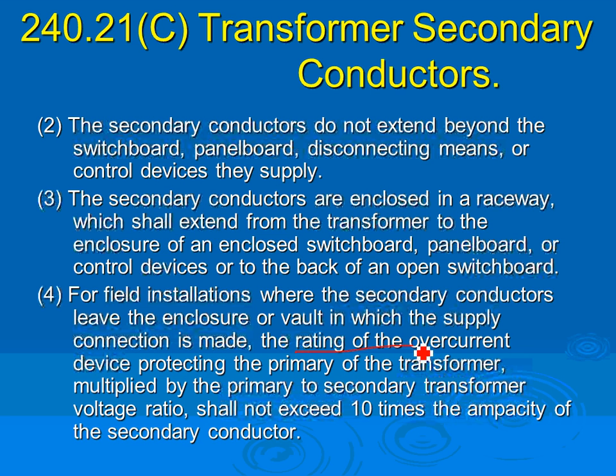The rating of the overcurrent device protecting the primary of the transformer multiplied by the primary to secondary voltage ratio shall not exceed 10 times the ampacity of the conductor. We were applying a reverse function. Instead of taking the ampacity and sizing the circuit breaker, we took the circuit breaker and found the minimum conductor that you can size.